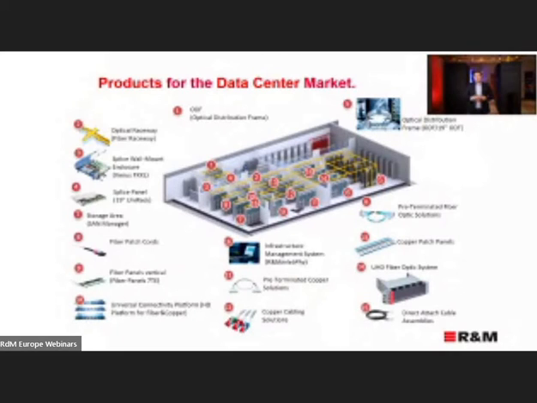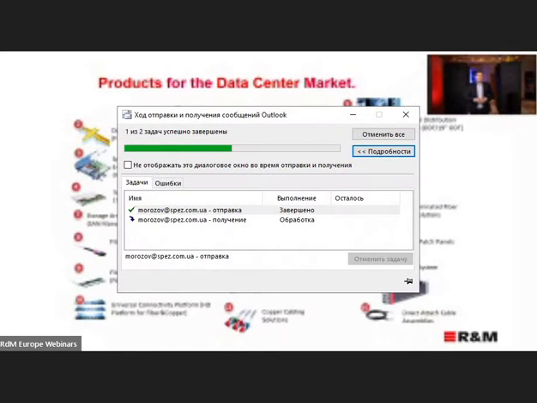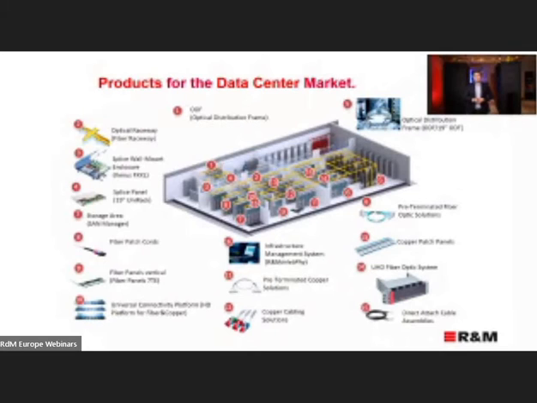Of course, in a data center, the space is very expensive, space in the cabinet. So we are focusing on this to reduce the space used by the passive part. So we introduced, for example, the NetScale platform, which is delivering even 120 ports, LC duplex or MPO per one height unit in a rack cabinet.